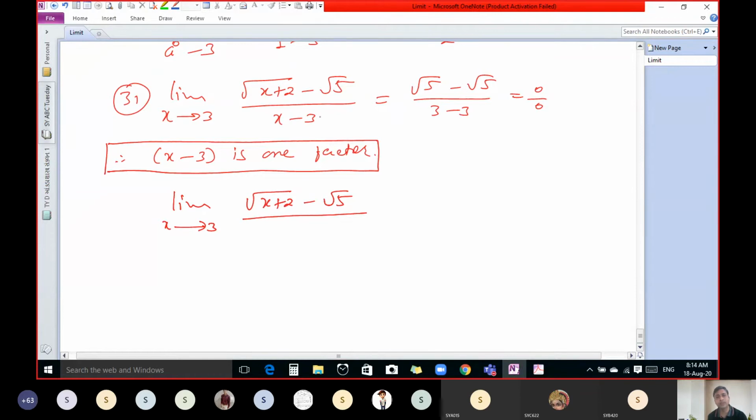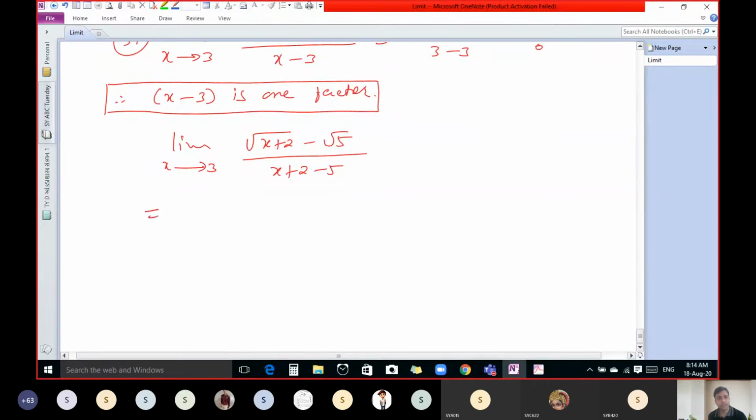See, instead of x minus 3, you can write this thing, x plus 2 minus 5. Why? 2 minus 5 is minus 3. So you can write x minus 3 as x plus 2 minus 5. Okay, then keep the numerator as it is, but in the denominator, this term x plus 2, you can write in root and whole square.